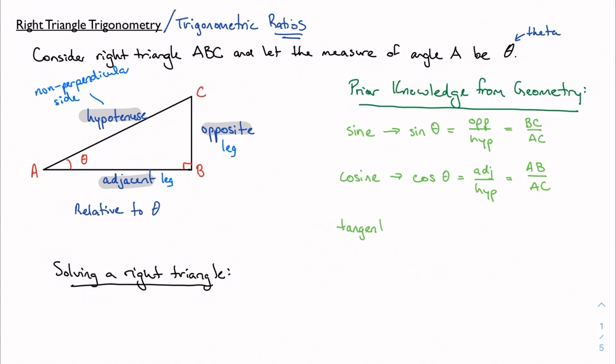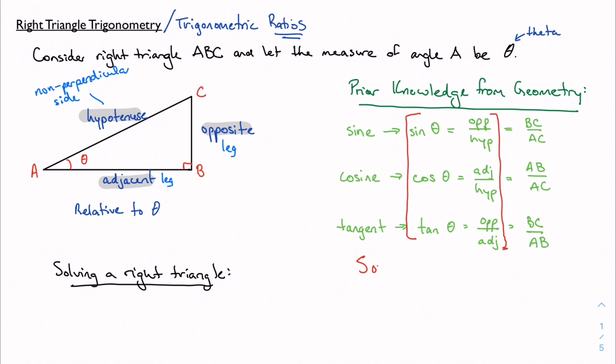The last bit that's important is tangent, right? And we abbreviate this tan theta, and that's the opposite to the adjacent. So on our triangle here, that's BC and AB. Really what you need to know, kind of classically, traditionally, we focus on these. Sine opposite over hypotenuse, cosine adjacent over hypotenuse, tangent opposite over adjacent.